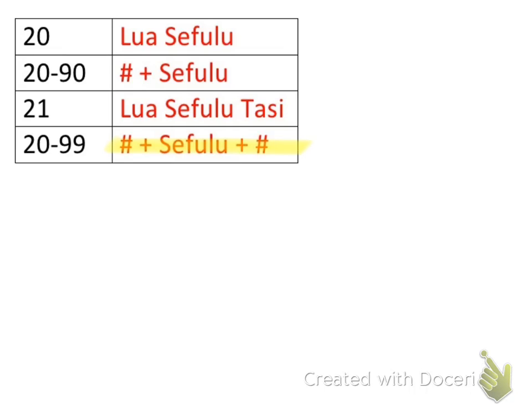And the reason why that is because I have numbers in my tens place, okay? My tens place, which is right here. I'm just going to write a 10. And I have numbers in my singles place that are different than 0 or 1, okay? So in my tens place, let's say I have a 4 here. Well, I would have a fa sefulu. Whoops, I'm going to have to write that in Samoan.